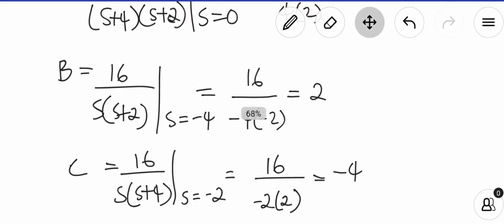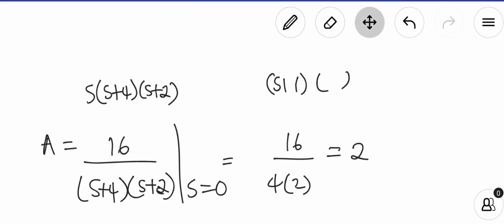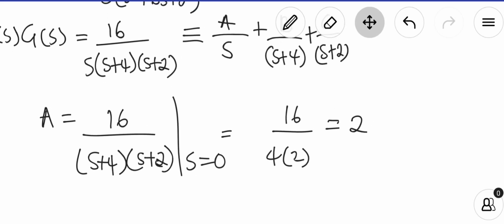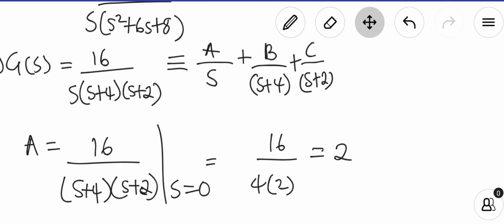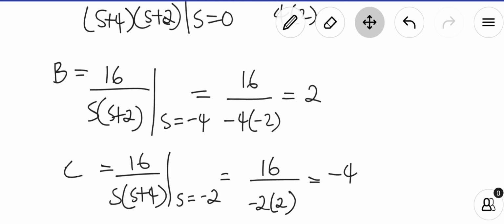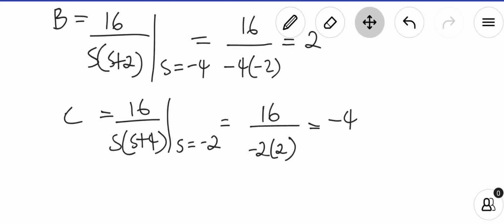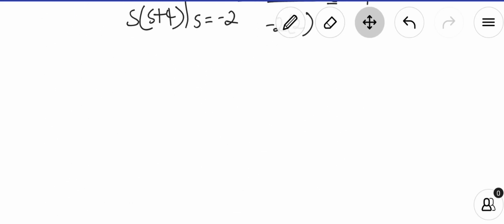Using the residue method, this is the pattern. You use the denominator to get the values for substitution and then get your unknowns.